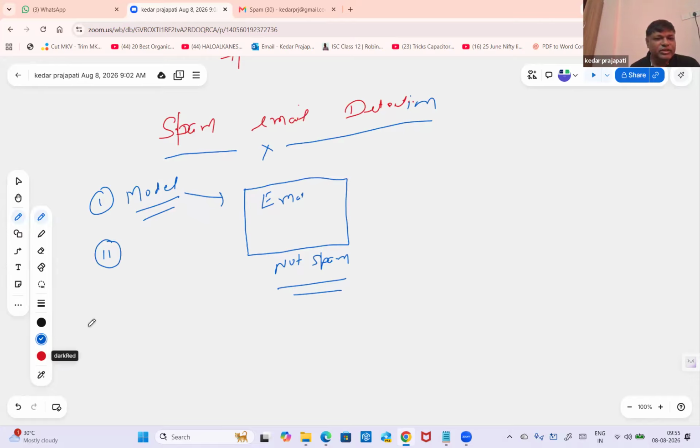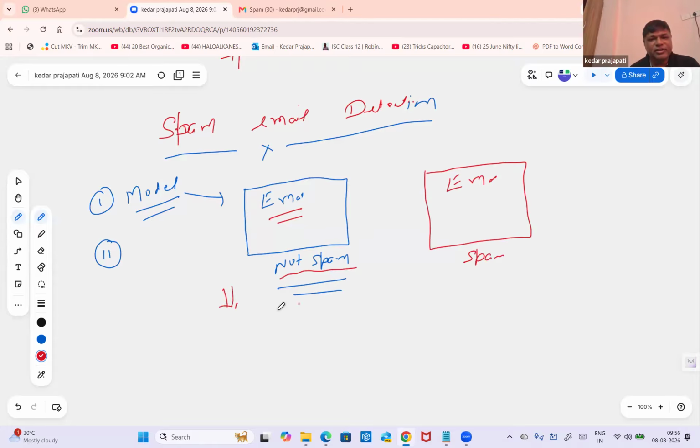So we will show email contents, everything, to the model and tell it that this is not spam. And we also have to show emails which are spam. And we have to do this multiple times, maybe lakhs: 1 lakh emails for not spam, 1 lakh emails for spam.